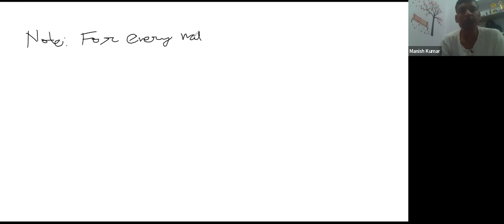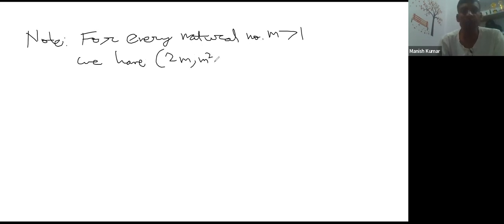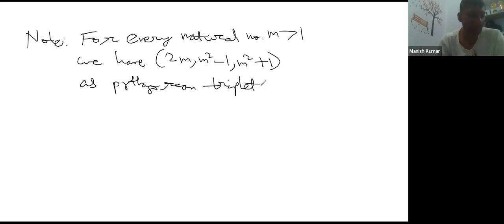For every natural number m greater than 1, we have 2m, m square minus 1 and m square plus 1 as a Pythagorean triplet. Okay. Now, I will show you with an example.